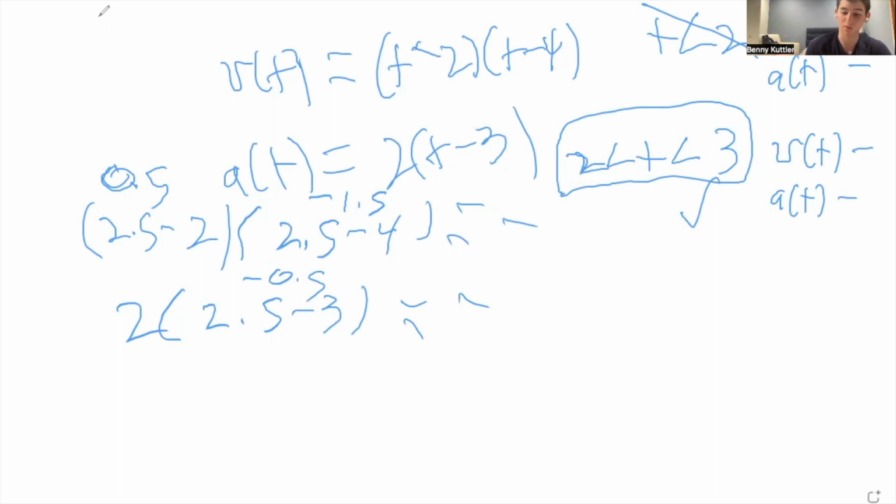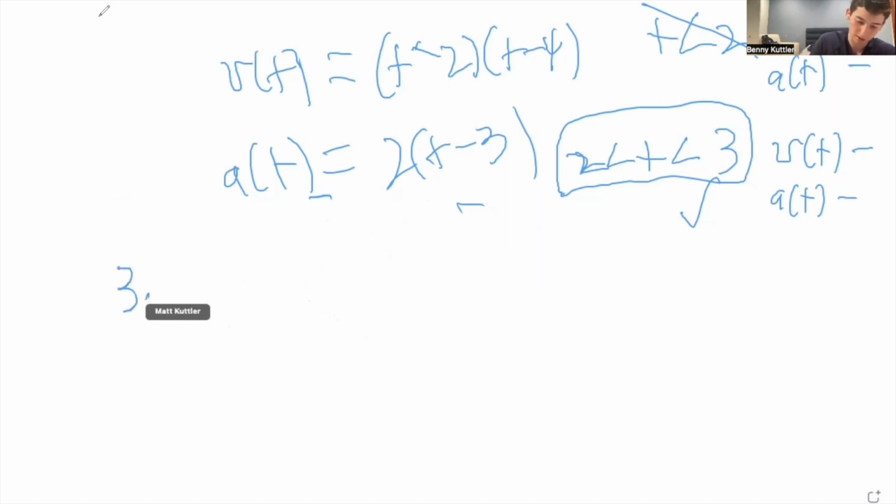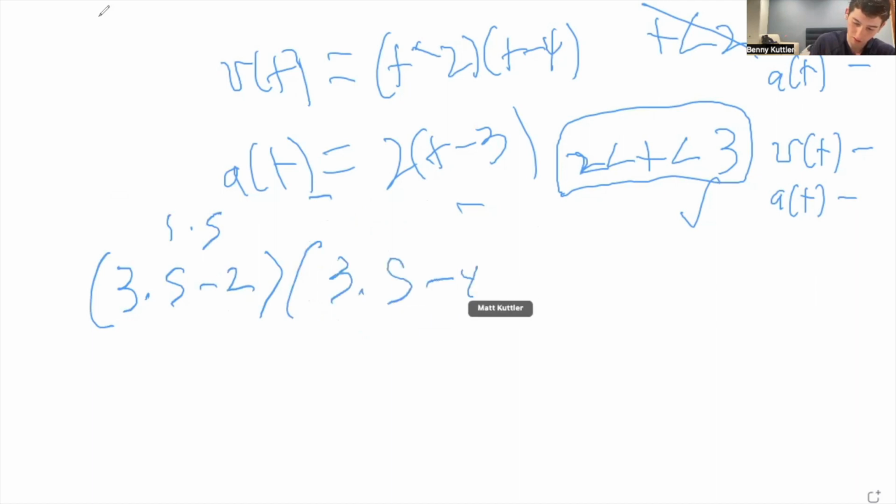If we plug in something like 3.5 to both of these functions, we have 3.5 minus 2, 1.5, times 3.5 minus 4, negative 0.5, negative times a positive equals negative something.